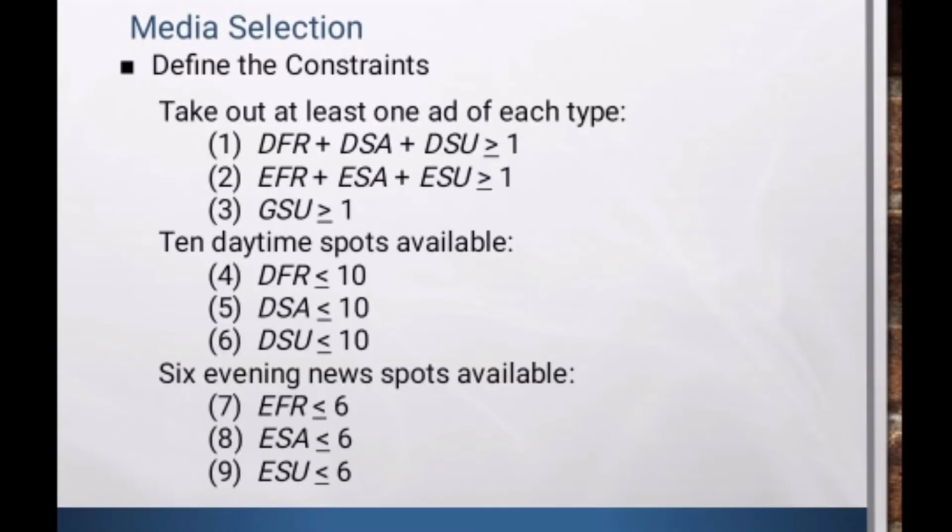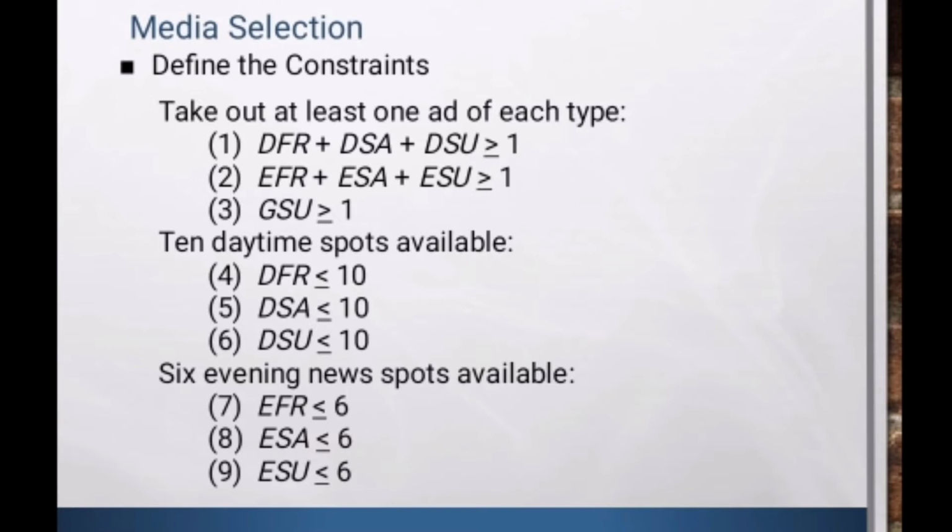Next, we will define our constraints. Our constraints serve as the limitations on our objective function. We start with each type, which are the daytime, evening, and Sunday game. The daytime includes Friday, Saturday, and Sunday, so we add them all together and it should be greater than or equal to 1, because it is said to be at least 1, so it could be 1 or greater.